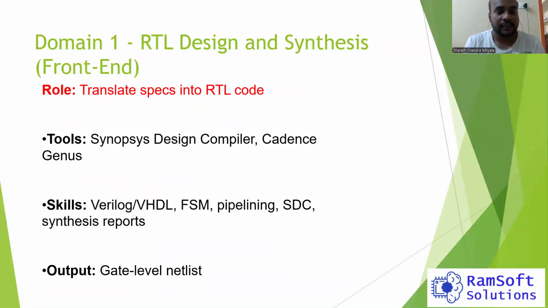I have divided these things into front end and back end. The first thing is front end, RTL design and synthesis, where you need to program. Here the specifications are there with you. You need to convert these specifications into code, be it Verilog code or VHDL code.